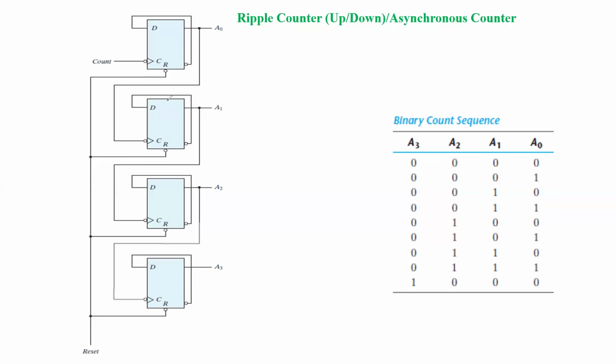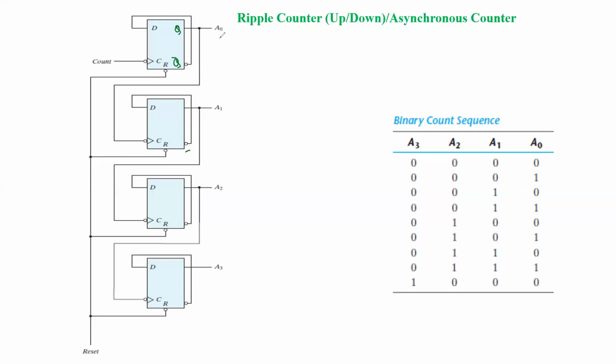Whatever connection is given here, this output is Q, and this one is Q bar. Q bar of each flip-flop is given back as input to its D flip-flop. For all flip-flops, we have a similar connection.